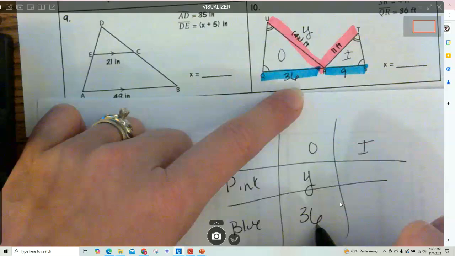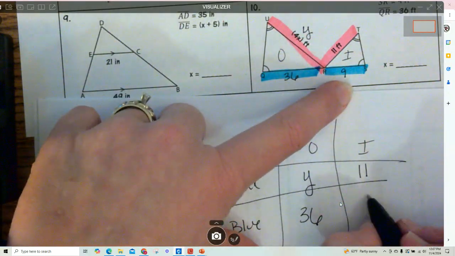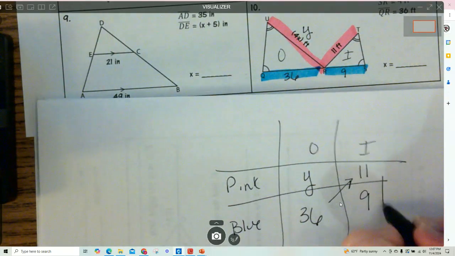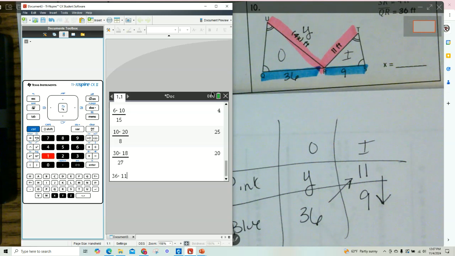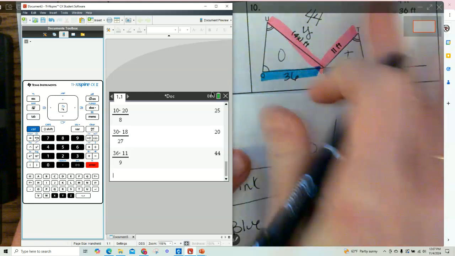Blue side is 36. On the image, pink side is 11. Blue side is 9. Cross multiply and then divide. So I get 44. 44 is the length of this side.